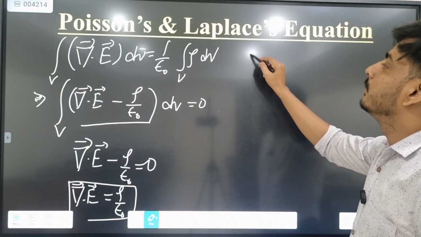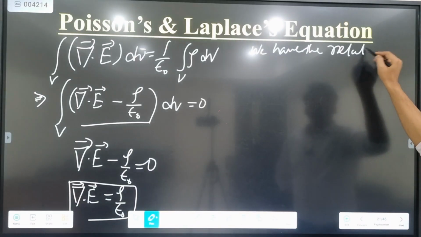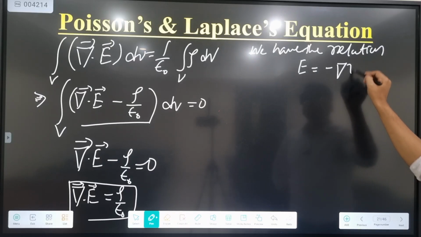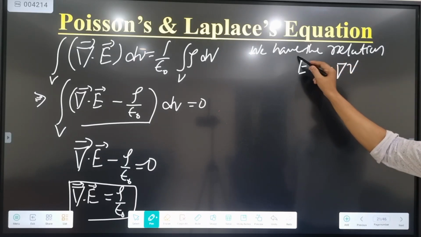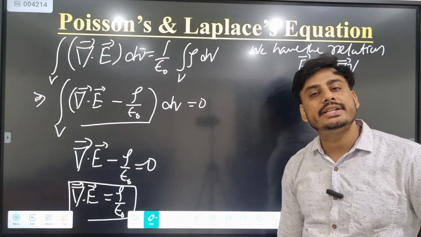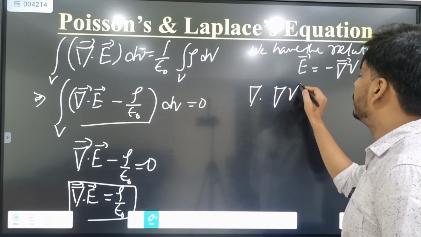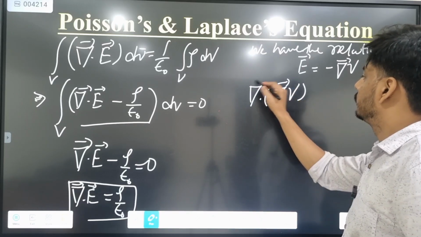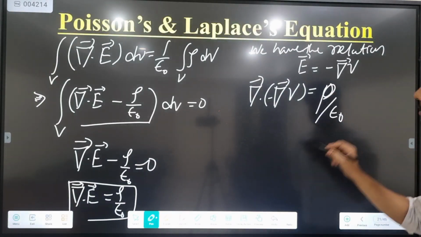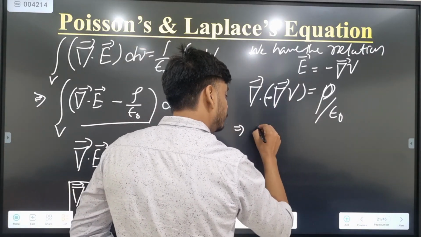Again we have the relation E equal to minus grad V, the negative gradient of potential, the relation between electric field intensity and potential. We can use that here. So negative del dot del V equal to rho by epsilon naught. The dot product of any vector with itself is equal to its square.